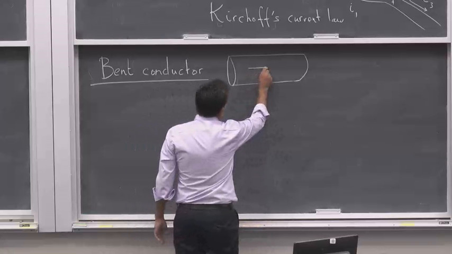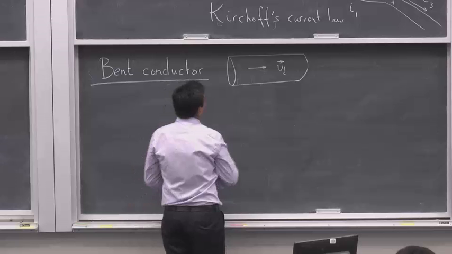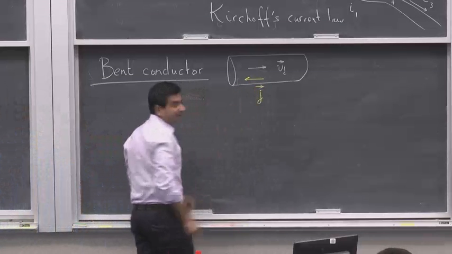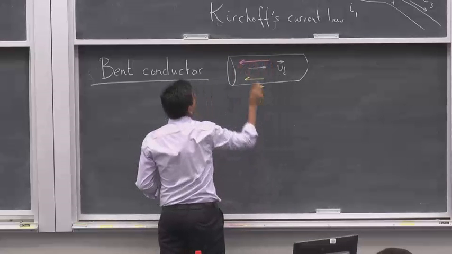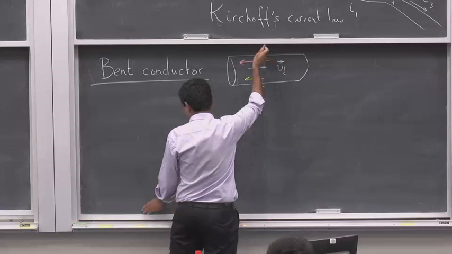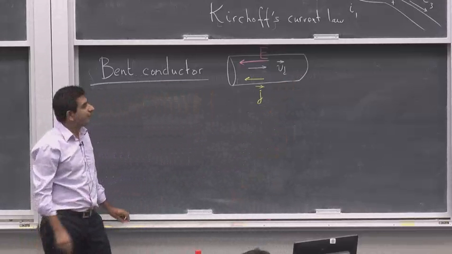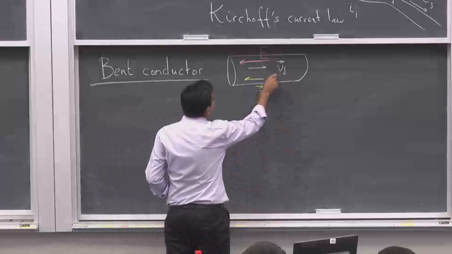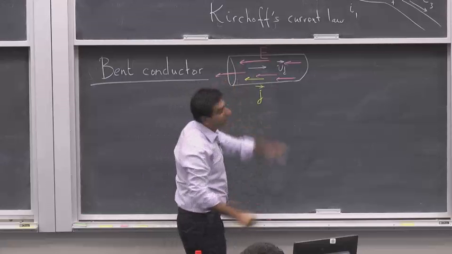Now, this is the direction of the drift velocity of the electrons. This means that the current density is pointing in this direction because the electrons are negatively charged. This means that an electric field is set up inside this conductor which is parallel to the current density and anti-parallel to the drift velocity because we're talking about electrons. So everywhere the electric field is going to be parallel to the axis of the conductor, and the drift velocity is also axial.